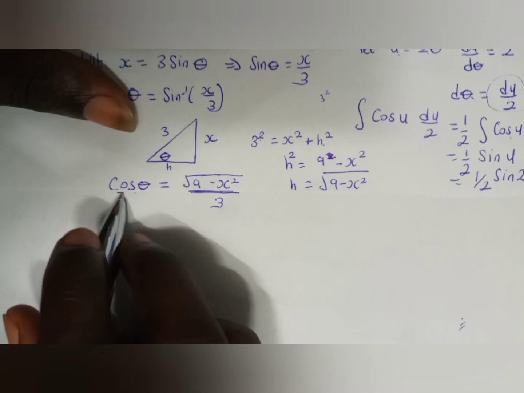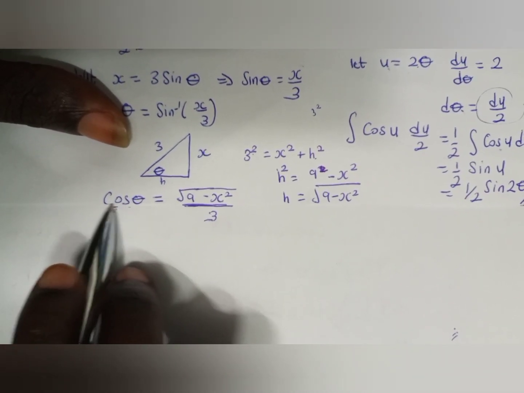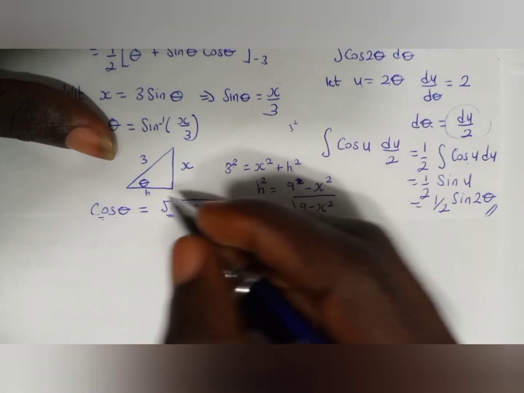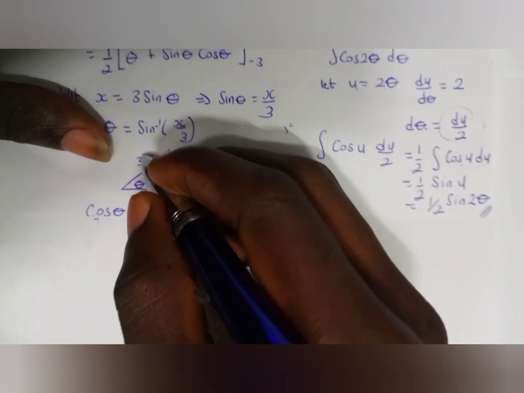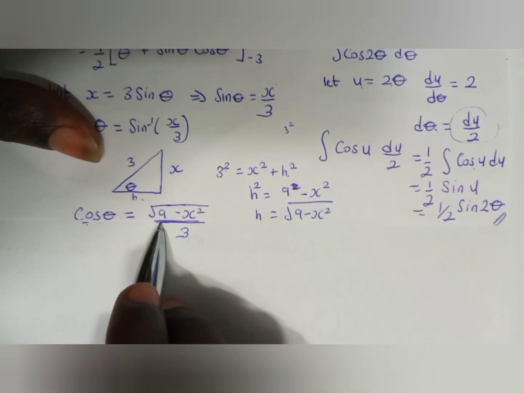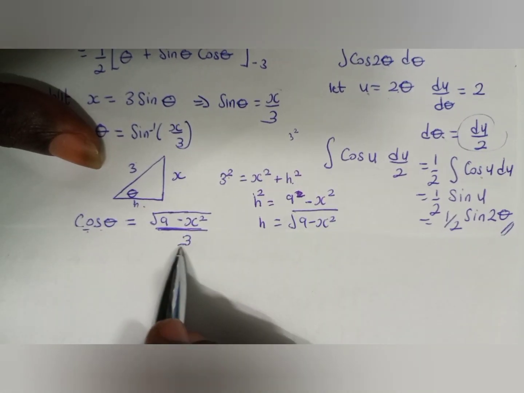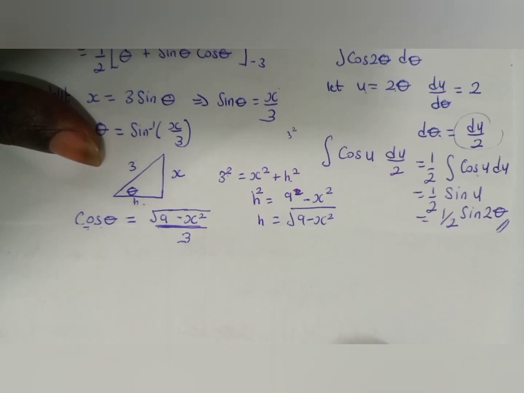So we have cos theta, which is adjacent over the hypotenuse, root of 9 minus x squared divided by 3.